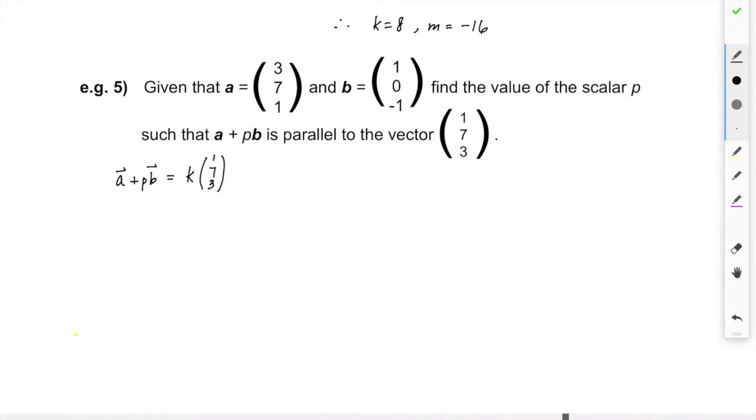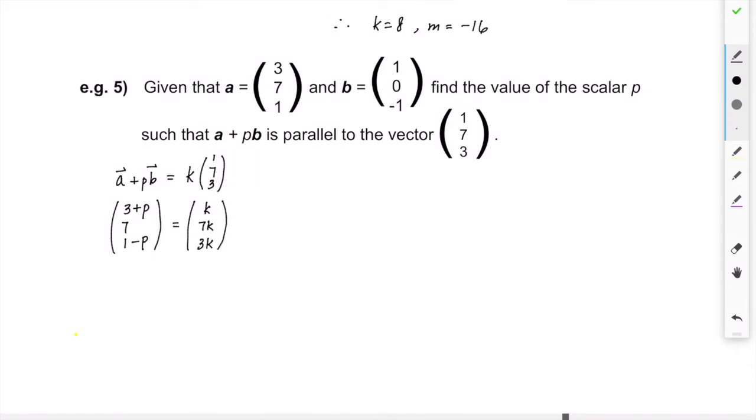Now substituting a and b into the left side of the equation, I can show that we have 3 plus p times 1 in the x component, 7 plus 0 in the y component, and 1 minus p in the z component. Okay, and this is equivalent to k, 7k, 3k.